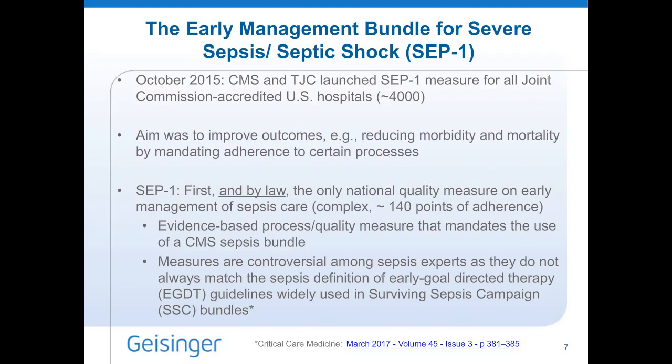So I want to make it clear that the sepsis bundles you're sort of used to supporting from a laboratory perspective are different than the SEP1 bundles in several ways, and so this is a highly contentious process. And you can read about the Surviving Sepsis bundles in the reference on the slide below, the Critical Care Medicine and other guidances that describe the Surviving Sepsis Campaign bundles.